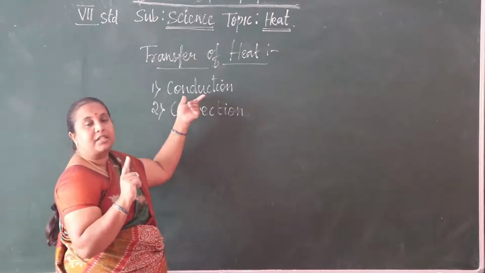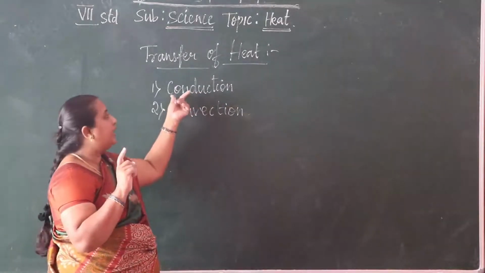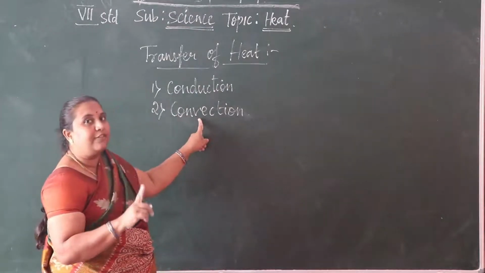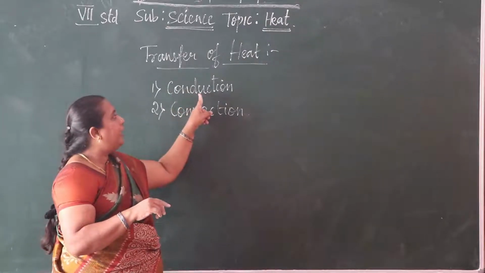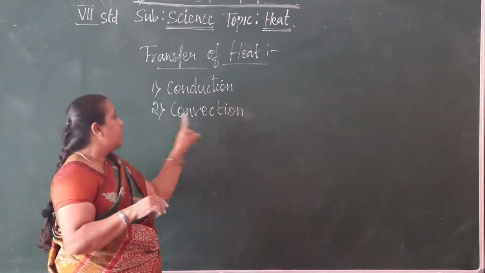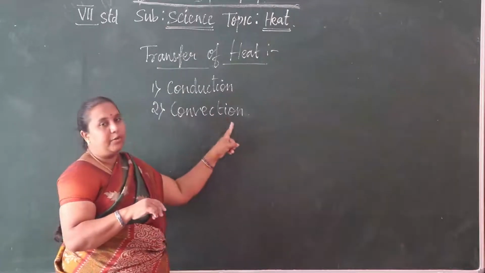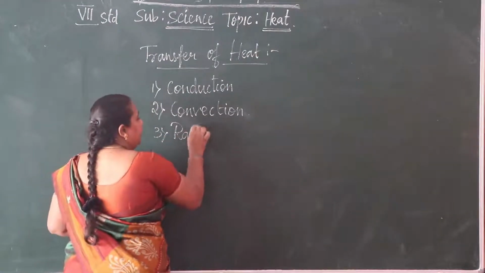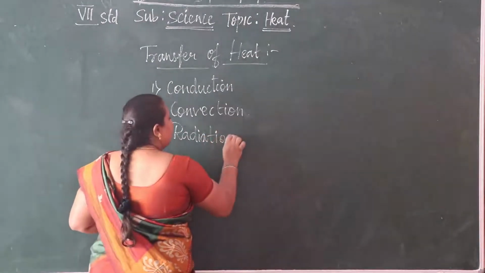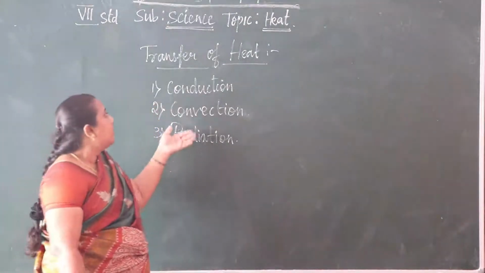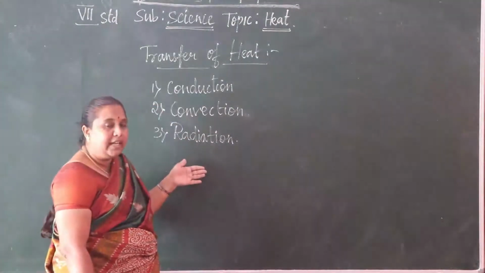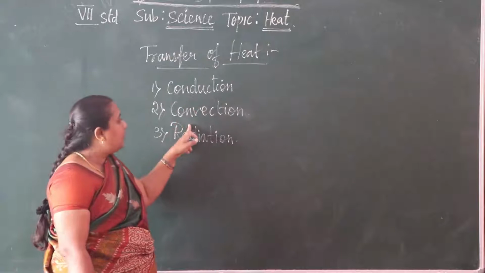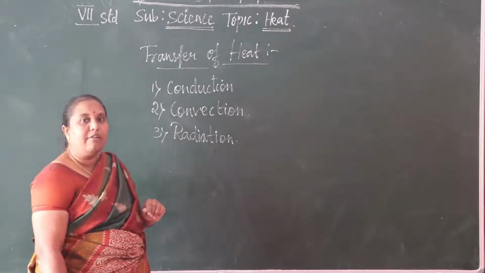One is conduction of heat, the other is convection of heat. And the third one is radiation. So the three types of transfer of heat that we are reading in this lesson are conduction of heat, convection of heat, and radiation of heat.